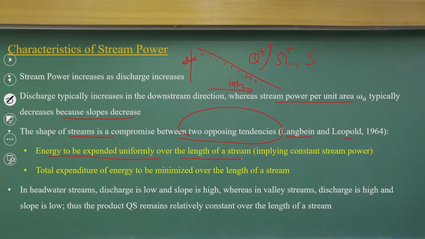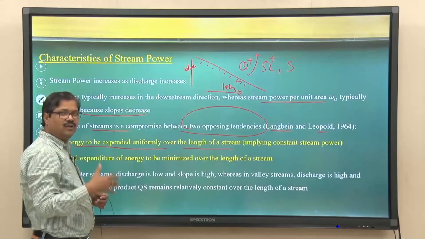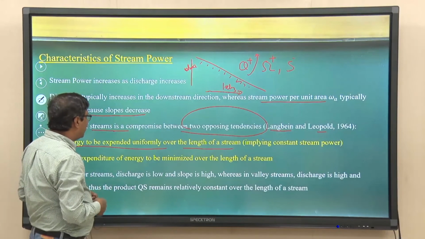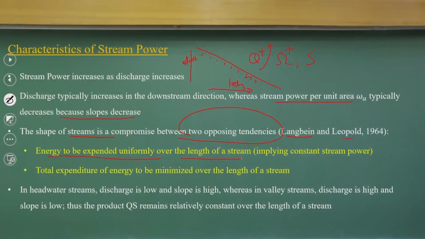The river tries to adjust its cross section and longitudinal slope in such a way that energy is expended or dissipated uniformly along the stream. Or it will have a constant stream power, or you can say the river will always try to minimize total energy expenditure over the length of the stream.